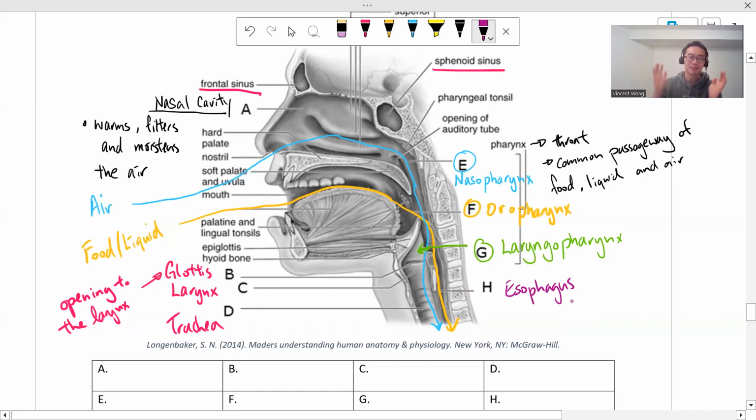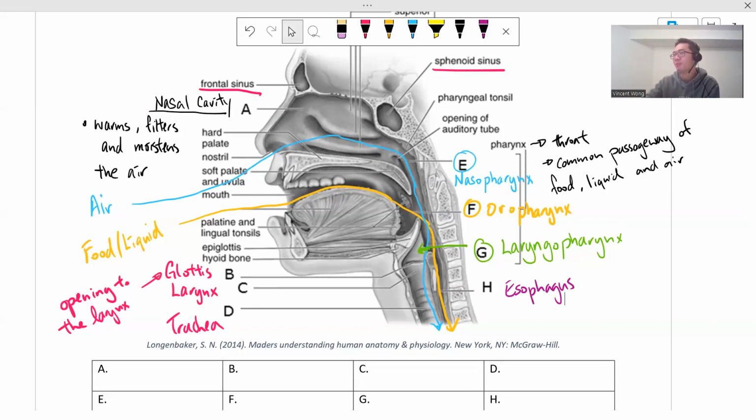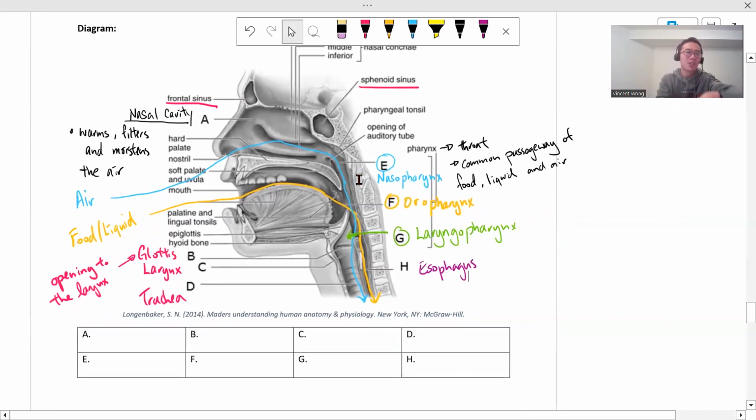I don't know if that's a good on-the-spot analogy. Actually, that helps. Okay, thank you. Any other questions for this picture? Again, we're going to talk about these structures in detail. I just want to give you an overview of where things are.